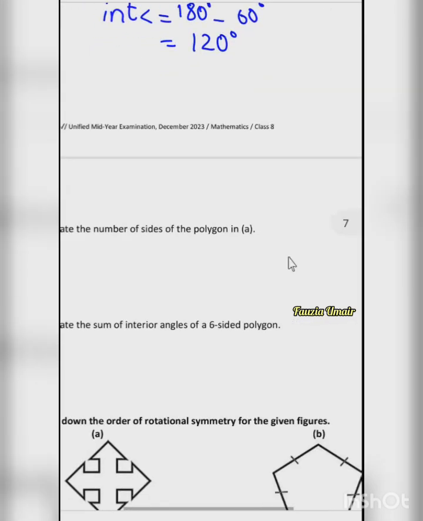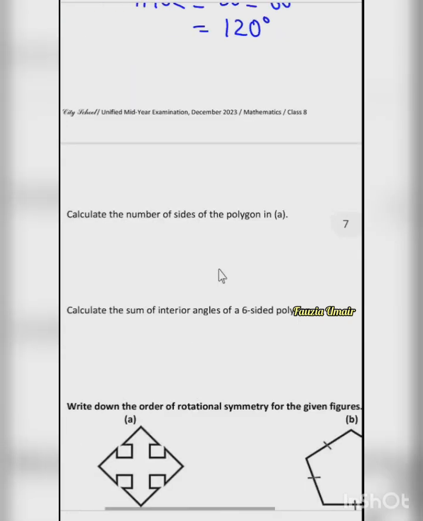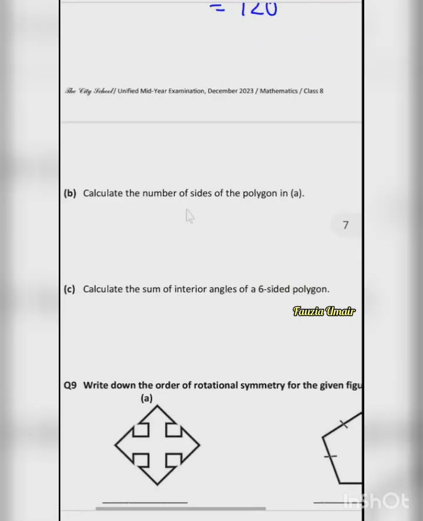Moving on to the second part: calculate the number of sides of the same polygon. But how can we calculate the number of sides? We use the total of the exterior angles, which is 360 degrees. That's right.